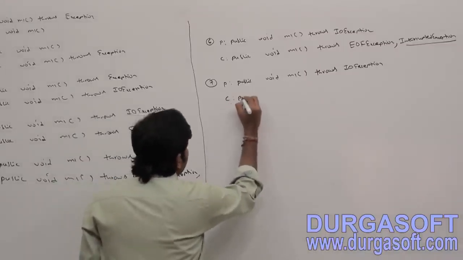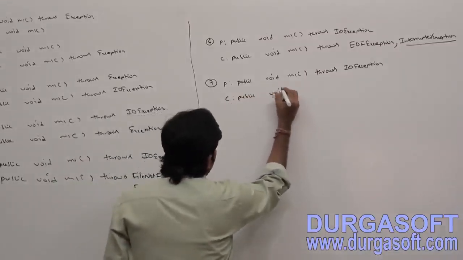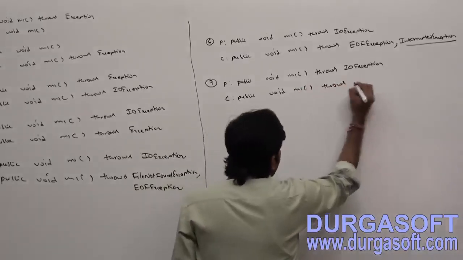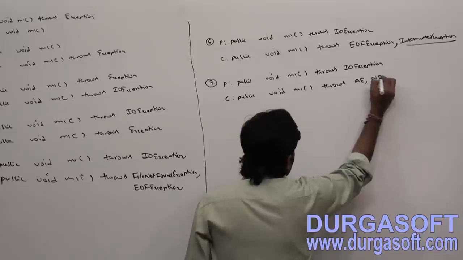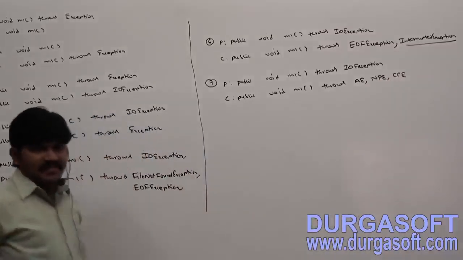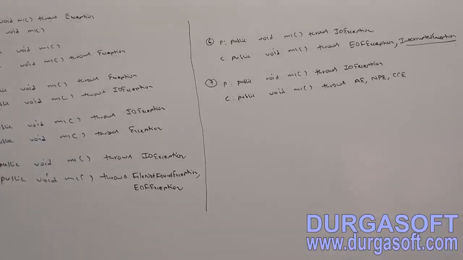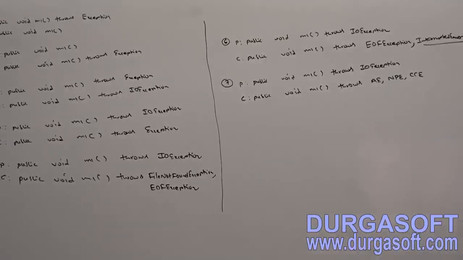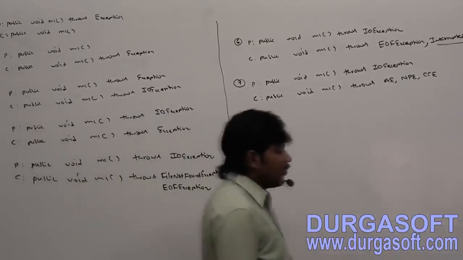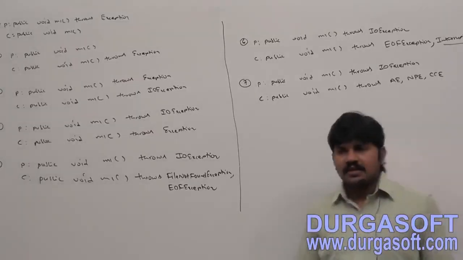Next, child class method, public void M1 throws ArithmeticException, NullPointerException, ClassCastException. That's all. Total 7 cases are there. Now among these 7, which are valid overriding and which are invalid overriding?